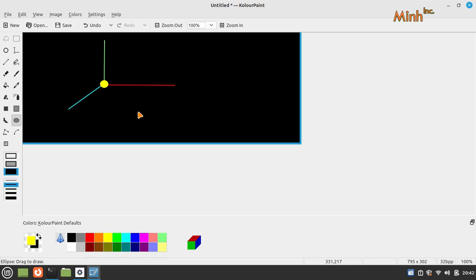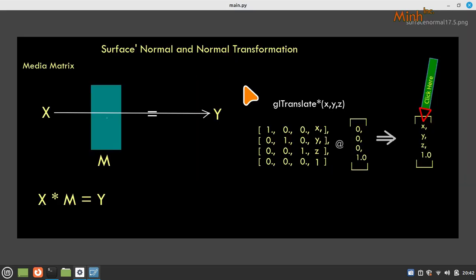If I translate it in the x direction, y direction, z direction, this point would now sit somewhere here as per the translation. How much would it shift? If there is a translation of x in the x direction, y in the y direction, z in the z direction, that is the new coordinate. We changed the coordinate from the origin to a new origin. How did it change? It was just multiplied by a matrix. That's it.